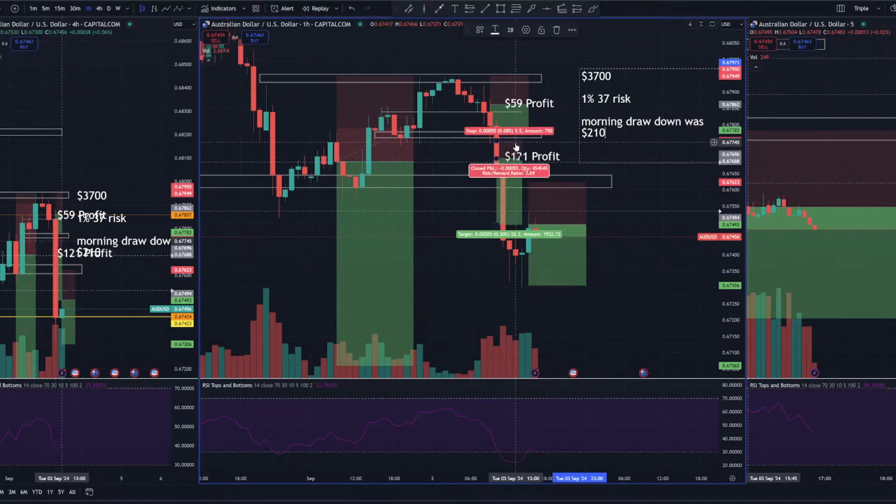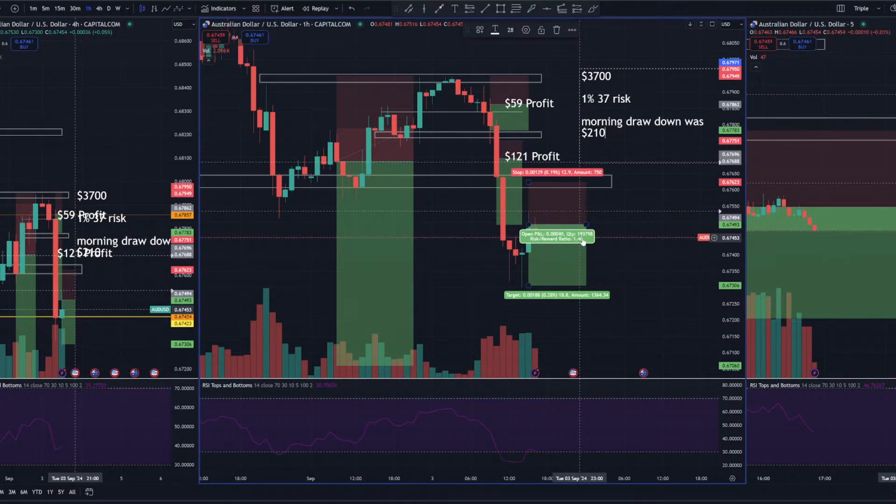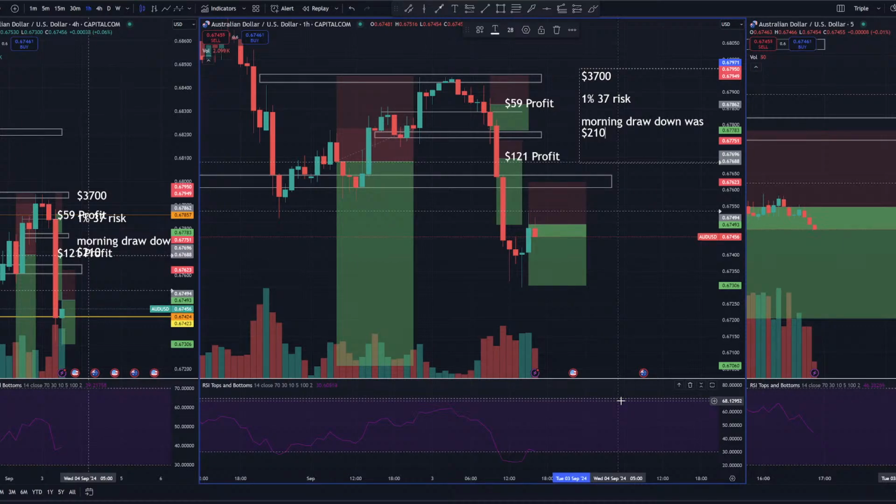So next time when it goes to maybe a $200 drawdown or a $350 drawdown, I may hold on to that.